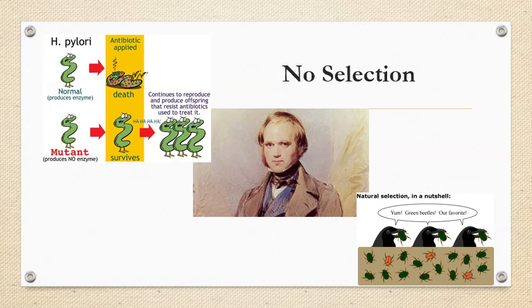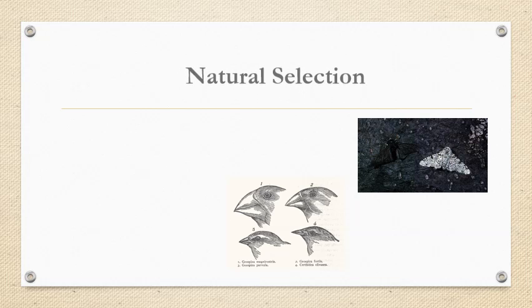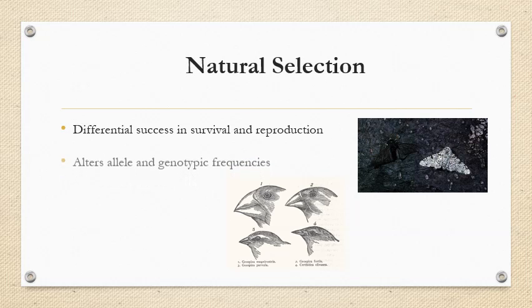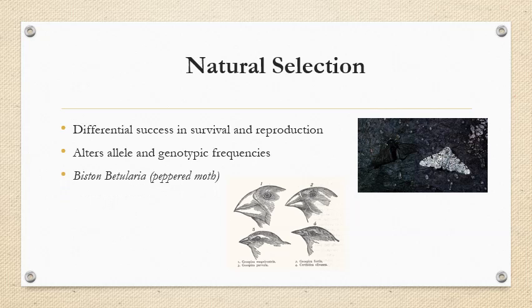The last assumption is no selection. Natural selection was proposed by Charles Darwin in his book on the origin of species in 1859. Natural selection serves as a mechanism for evolution because it alters allele and genotypic frequencies.